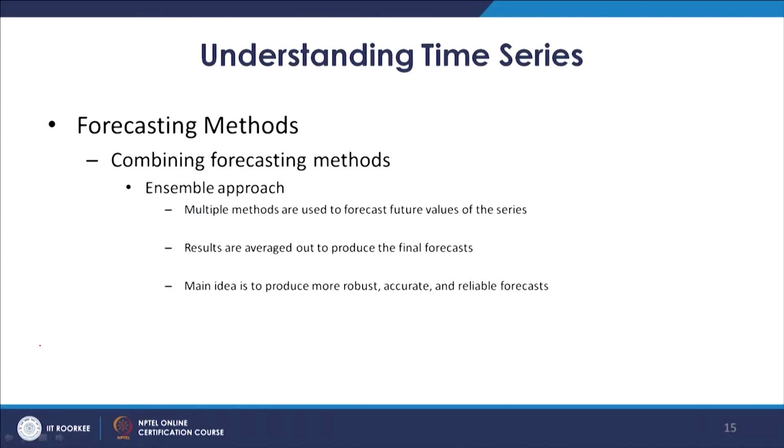Let us talk about the second approach within the combining forecasting methods. The second approach can be called the ensemble approach. What do we do in this approach? Multiple methods are used to forecast future values of the series, and in the second step, results are averaged out to produce the final forecast.